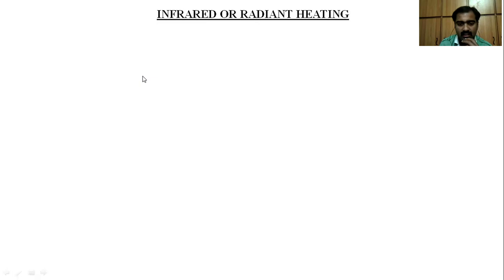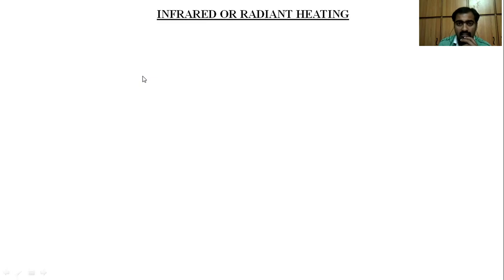Earlier, in the modes of transfer of heat, I explained that it is through conduction, convection, and radiation. In radiation, the best example we have considered is the solar heater. Through the sun rays, we are going to heat the water of your overhead tank, which is connected to the solar panels.